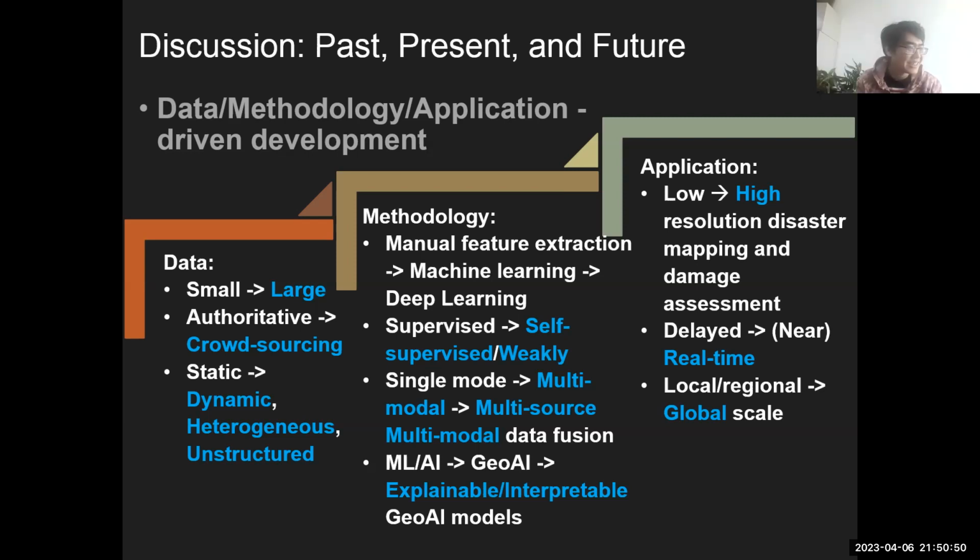Thanks for your question, and we still have some questions in the text box. I see Yang asked whether those methods can be applied to other disasters, such as landslides. I think the methodology should be applicable to different natural hazards.